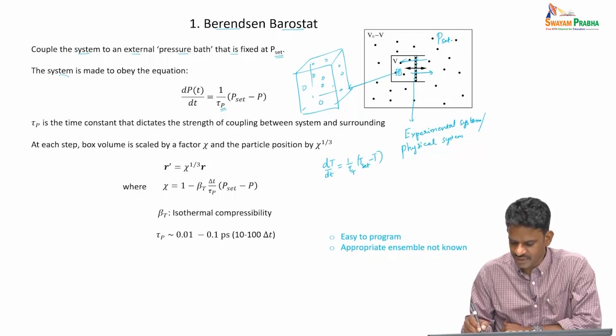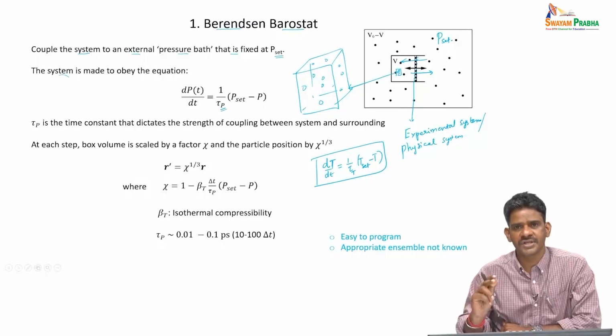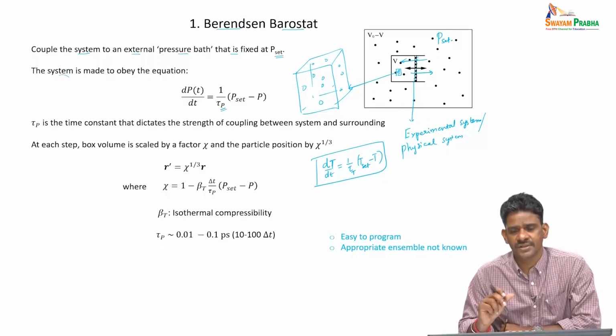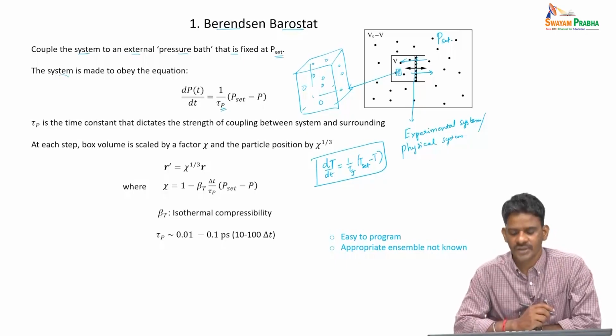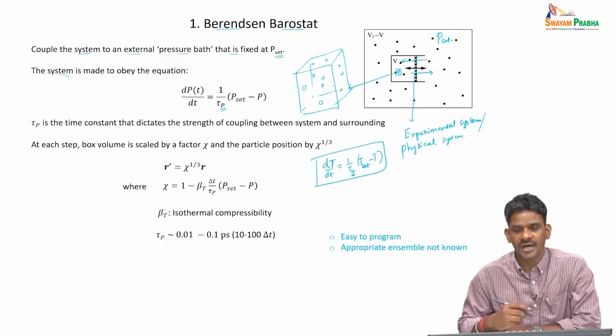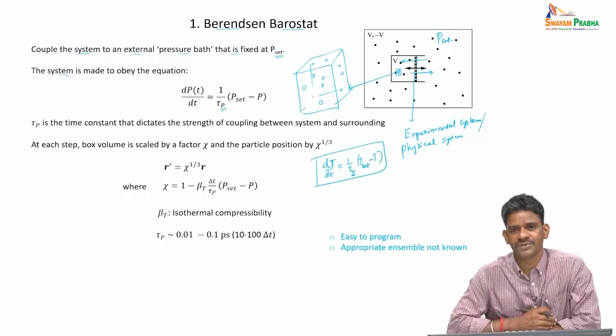So, we had used an equation something like this, where the change in the temperature with respect to time is proportional to how much the temperature is deviating from the set temperature with the corresponding time constant. So, this time constant basically tells at what rate the temperature will catch up to the set temperature.